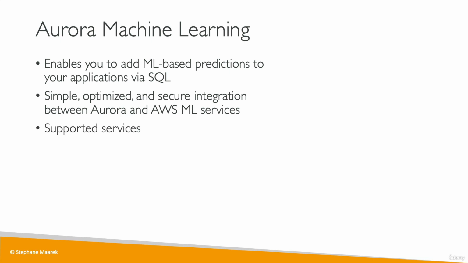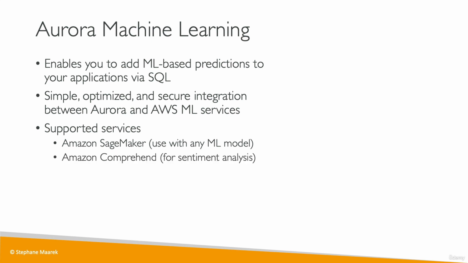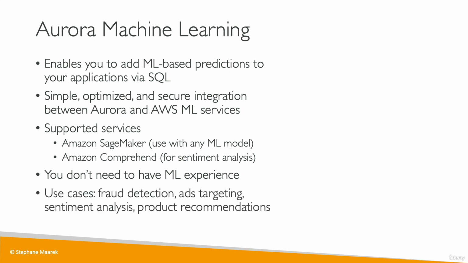Two supported services are SageMaker, which allows you to use any kind of machine learning model in the backend, or Amazon Comprehend if you want to do sentiment analysis. Now, you don't need to be an expert in SageMaker or Comprehend. You just need to know that Aurora has an integration with those. In order to use Aurora machine learning, you don't need to have machine learning experience. The use cases would be fraud detection, ads targeting, sentiment analysis, or product recommendation.